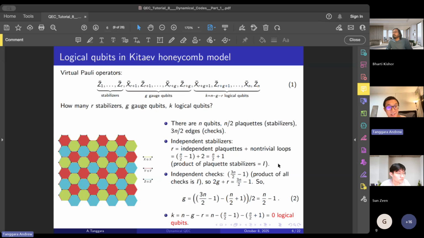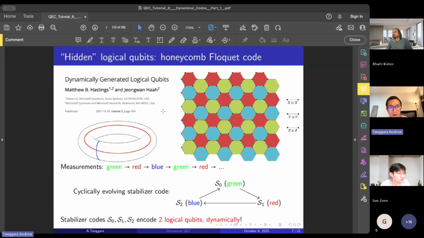But it turns out that about, I don't know, 15 years later, Hastings and Haah in this paper realized that you can actually have logical qubits in Kitaev's code, but you cannot view it as a subsystem code.